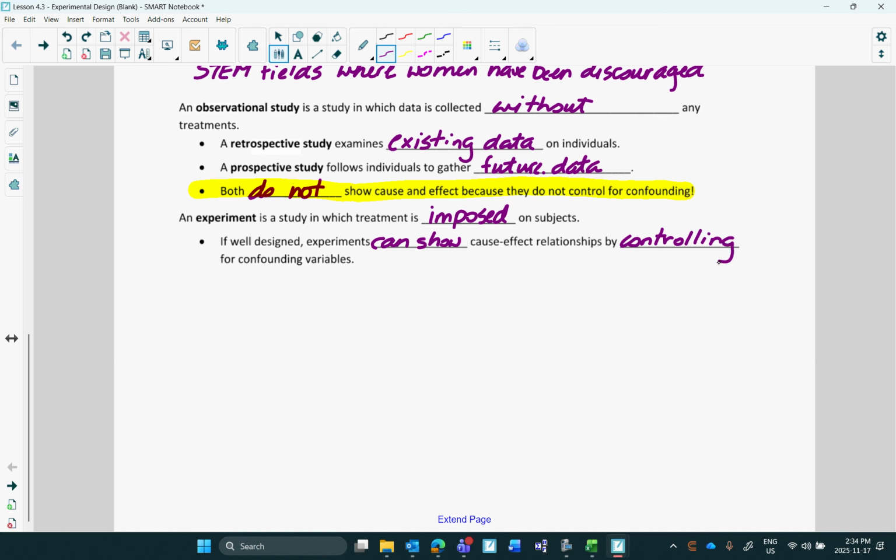It tries to focus on: does this specific explanatory variable cause this response? And we can control for that and prevent any confounding variables from entering into the picture.